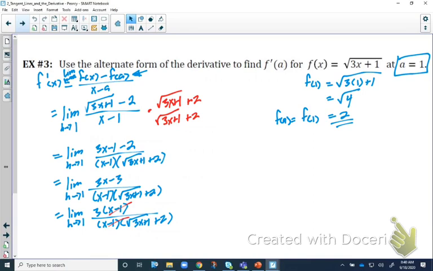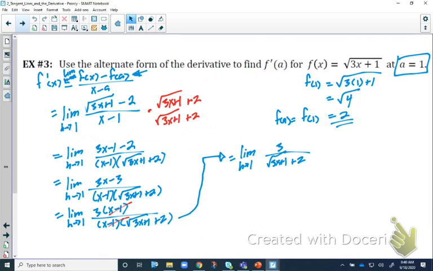I'm starting to run out of room here, so I'm going to bring it up a little bit so I can have more space to write. And I'm going to say the limit of the function as h approaches 1 in this case is going to be 3 over the square root of 3x plus 1 plus 2.